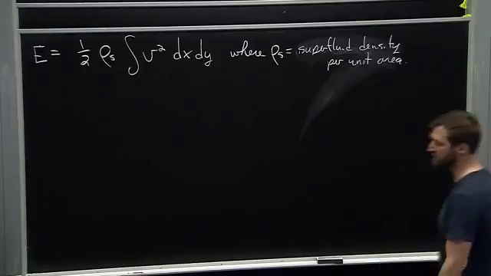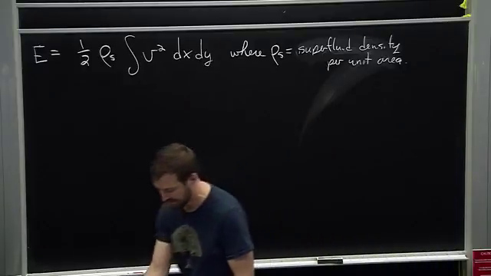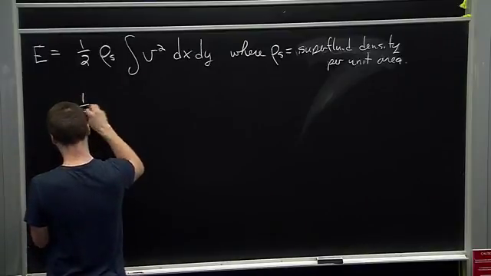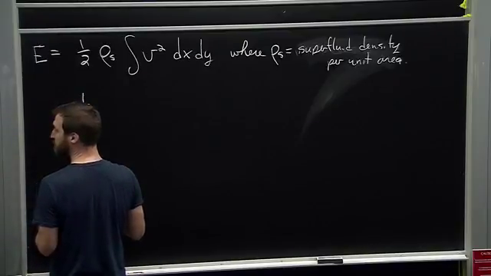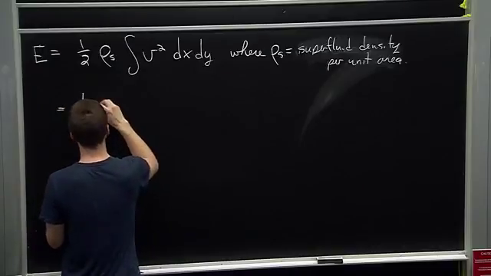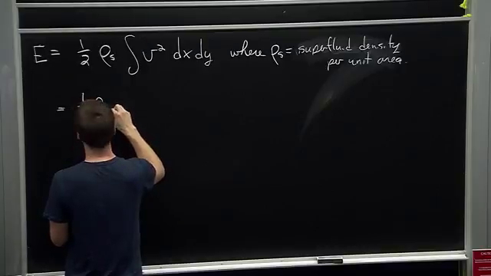Okay, so again, roughly, just sort of semi-classically, we substitute in my expression for v. So it's rho s over 2 times the integral of grad theta squared.